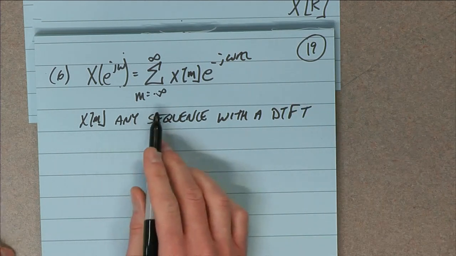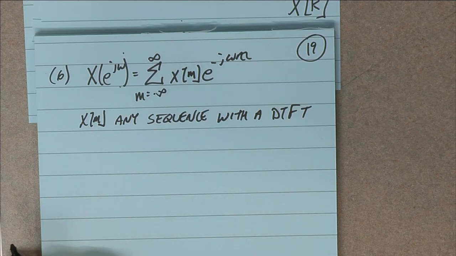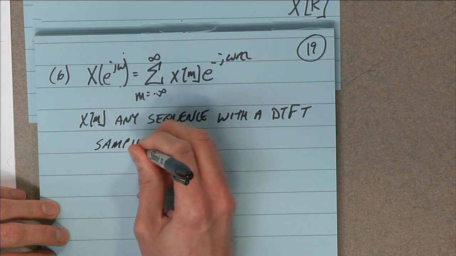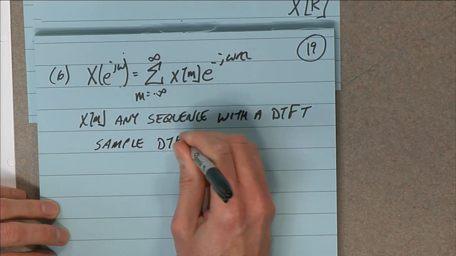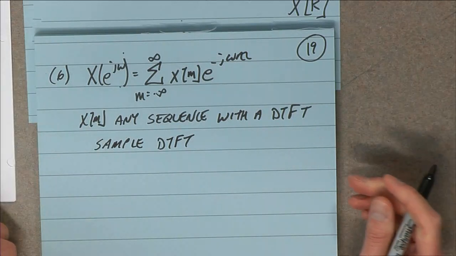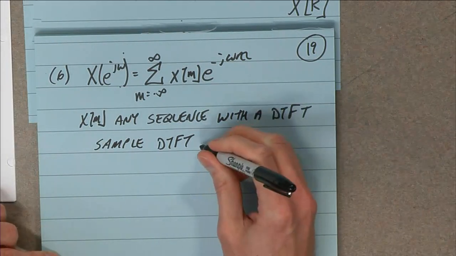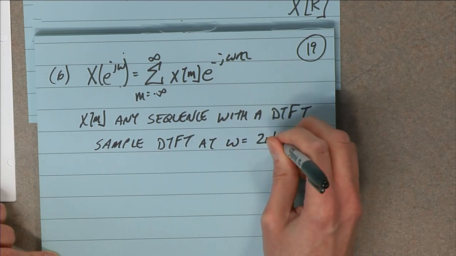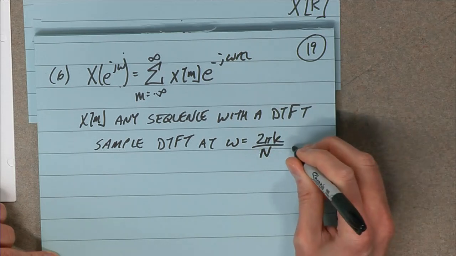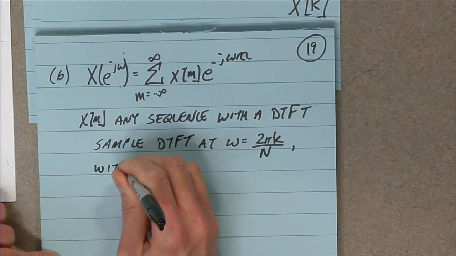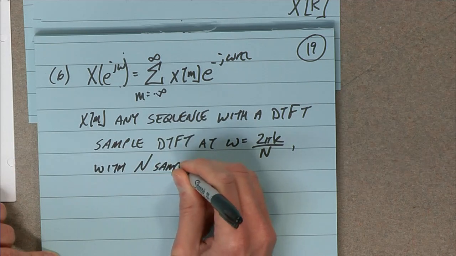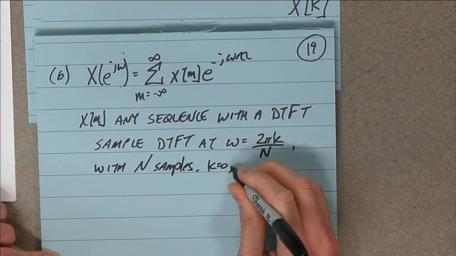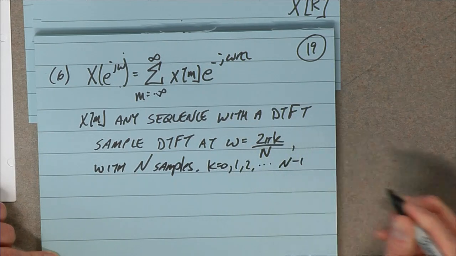And there's really no length assumption on it at this point. And we said, well, let's go ahead and sample the DTFT of this general sequence. So we're going to sample it with omega equal to 2 pi k all over cap N. And we're going to take N samples, k equals 0, 1, 2, dot, dot, dot, n minus 1.